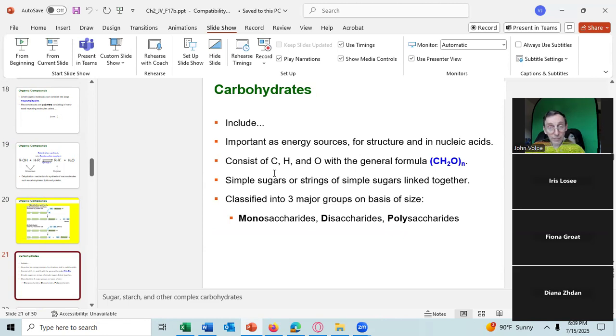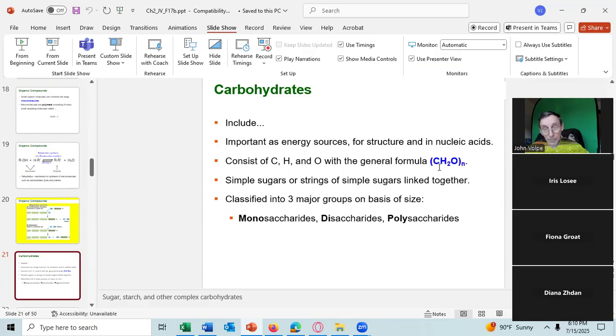Carbohydrates consist of carbon, hydrogen, and oxygen, but not just any carbon, hydrogen, and oxygen. Carbohydrates have the general formula: for each one carbon, there are two hydrogens and one oxygen. And then in that carbohydrate, you just repeat that n times. Like for glucose, n is equal to 6.